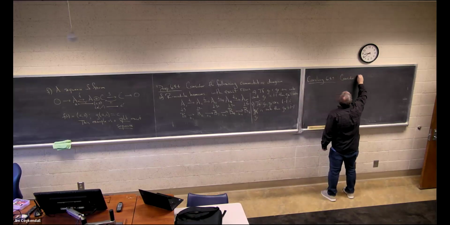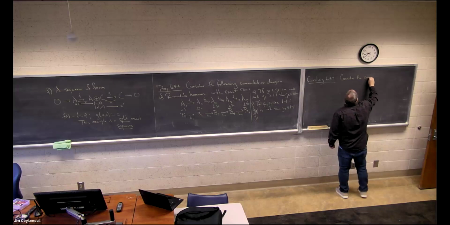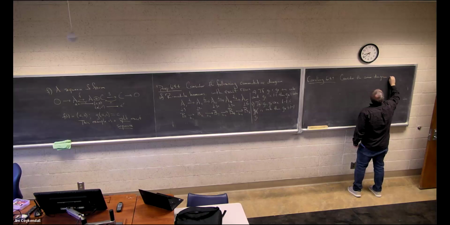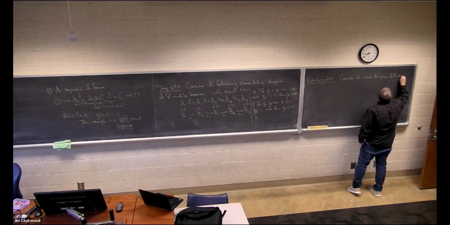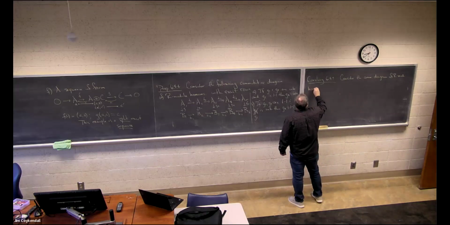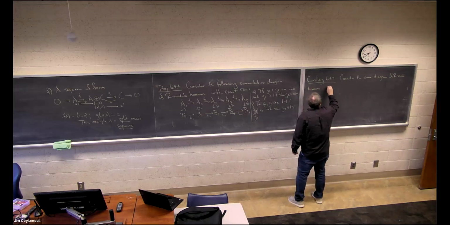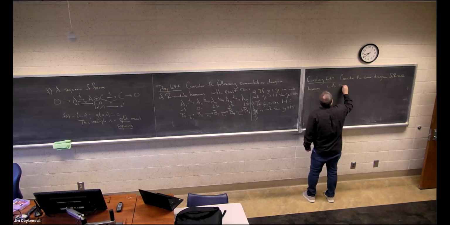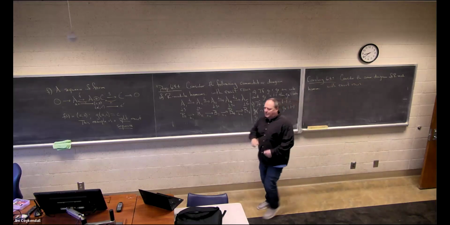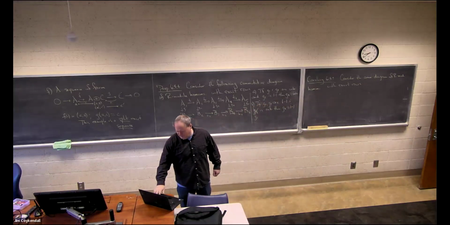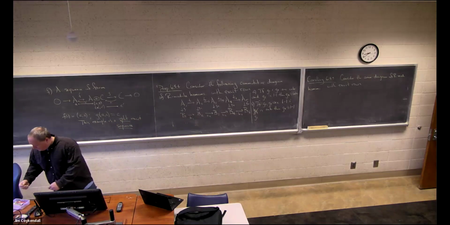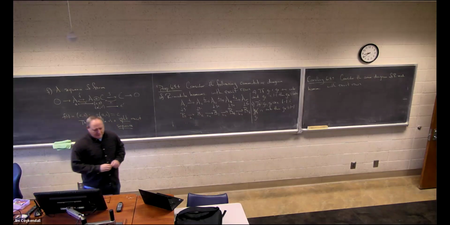Consider the commutative diagram of R module homomorphisms with exact rows, very much like the previous one.